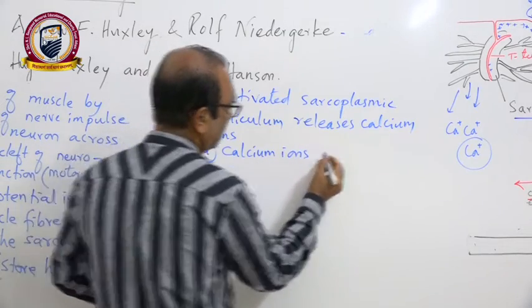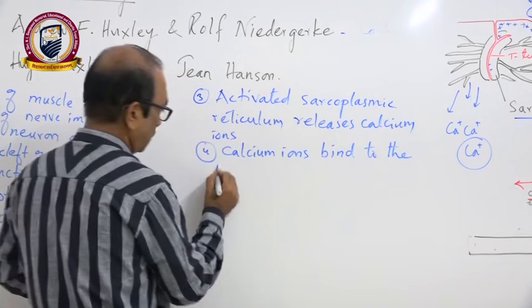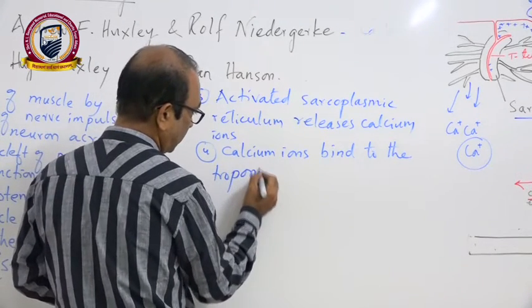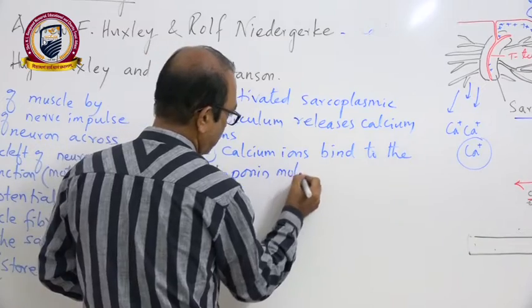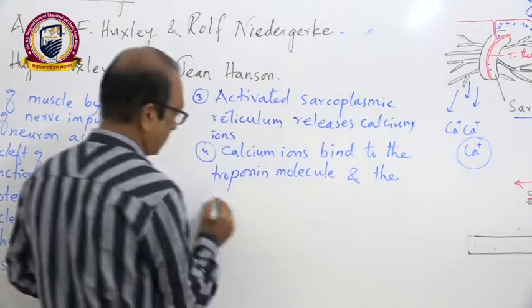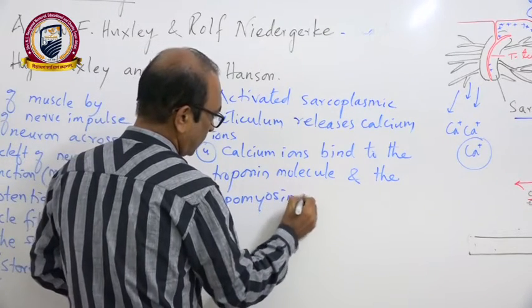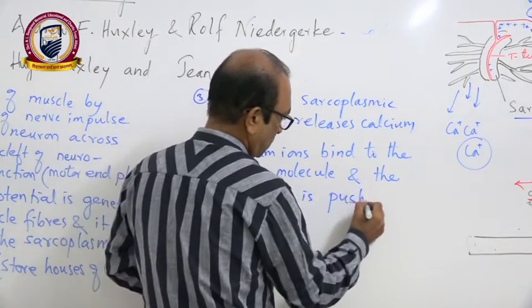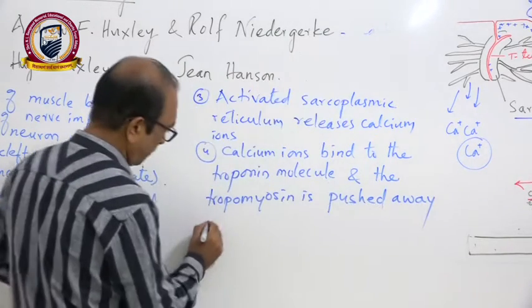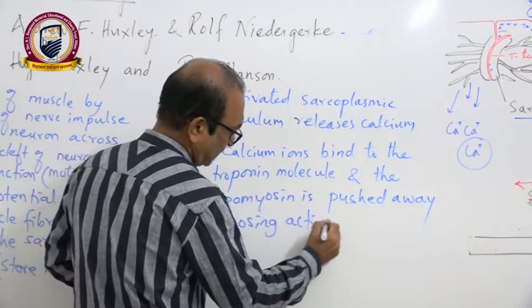Calcium ions bind to the troponin molecule of the tropomyosin, and the tropomyosin is pushed away, exposing active sites of actin.